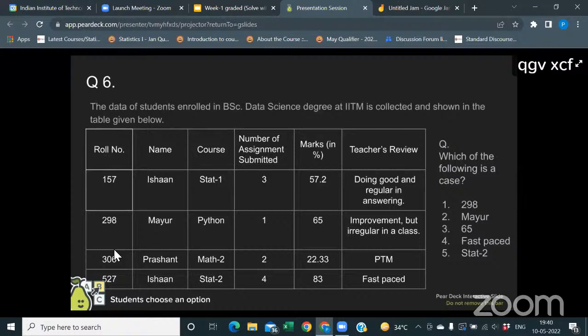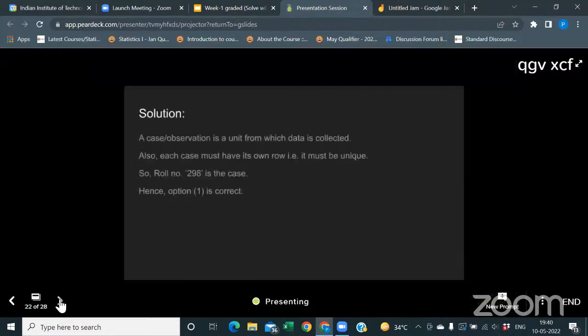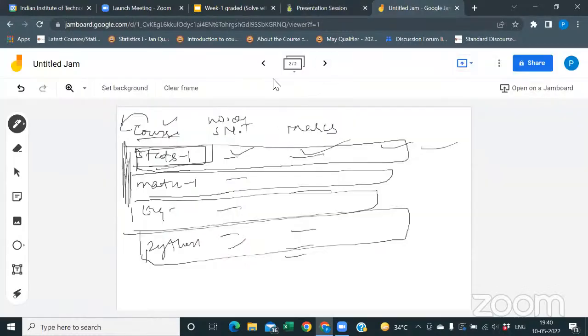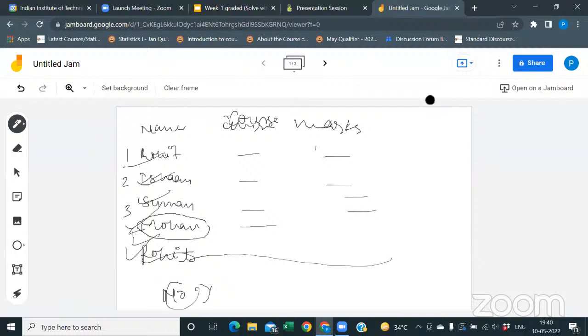So the row has to be started from that. See, it must have its own row. Suppose for Rohit, it has his own row.